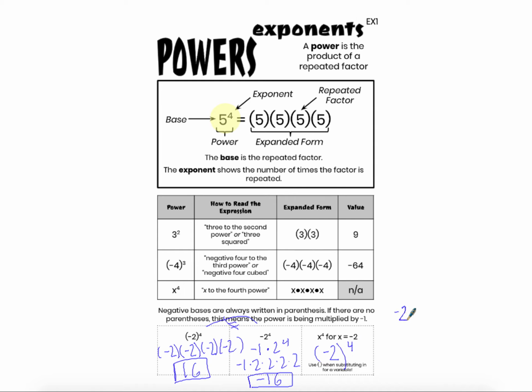If I were to evaluate this substituting in the negative 2, but then not writing parentheses, again, this would indicate 2 as my base, and then multiplying by negative 1. That is not correct. So when I'm evaluating x to the 4th for x equals negative 2, I need to put that negative 2 in parentheses so that I know my answer is positive 16, like here, and not negative 16.